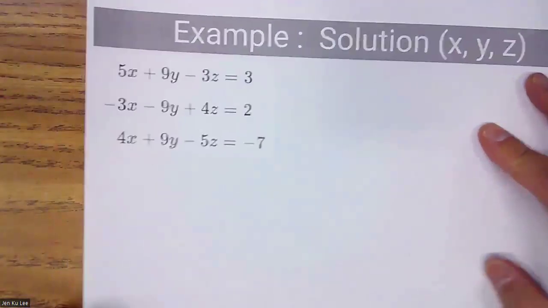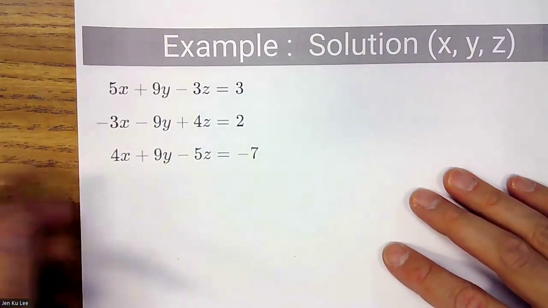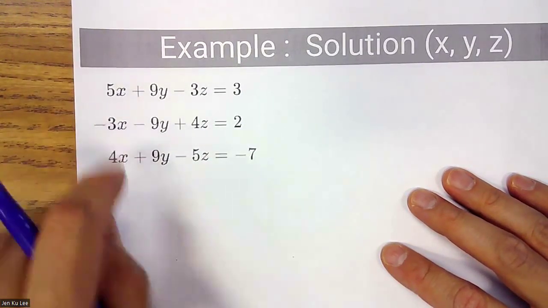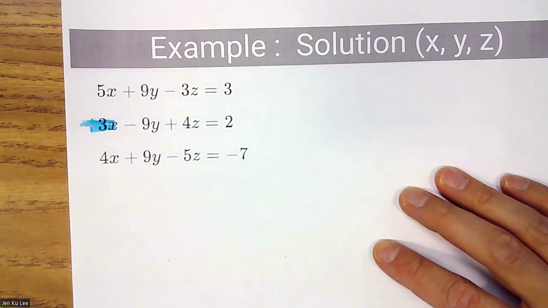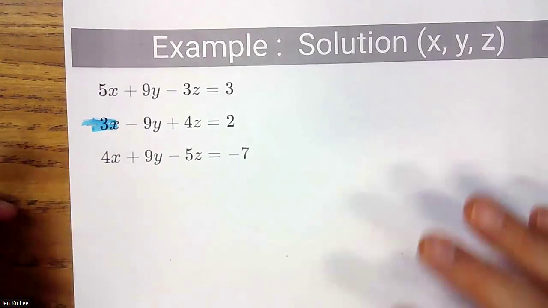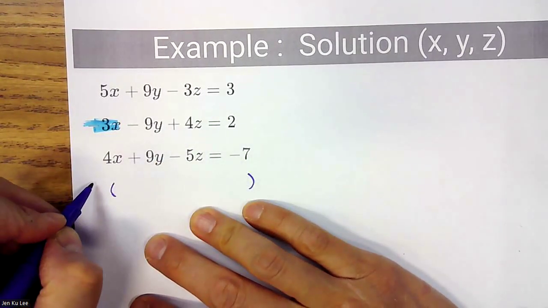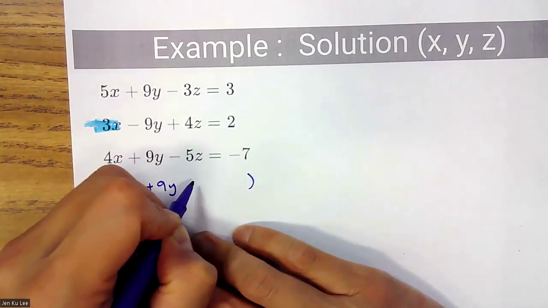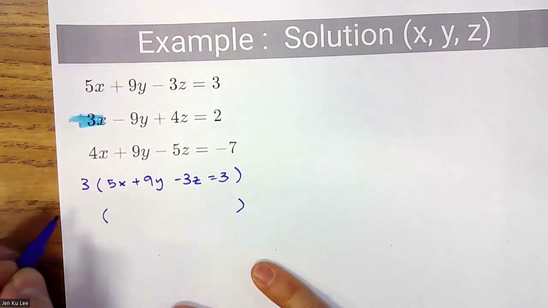Okay. Let's try this one. All of my x's are different. So in order for me to get rid of this x value, the negative 3x, I am going to multiply the top equation by 3, and then multiply the second equation by 5.